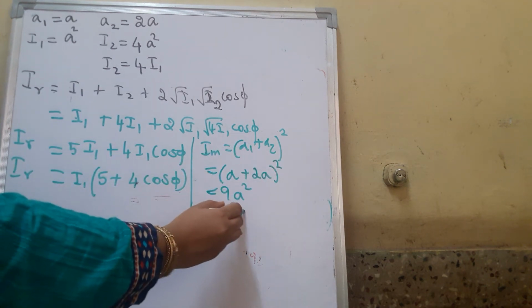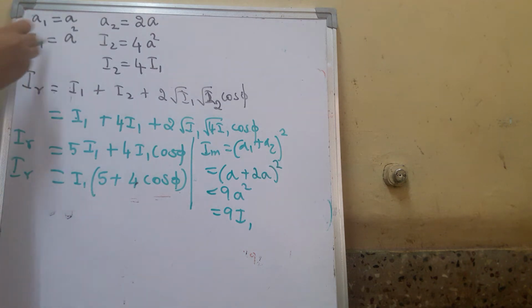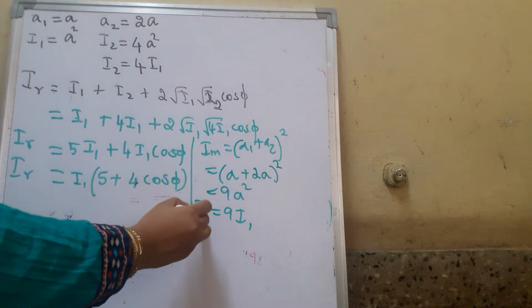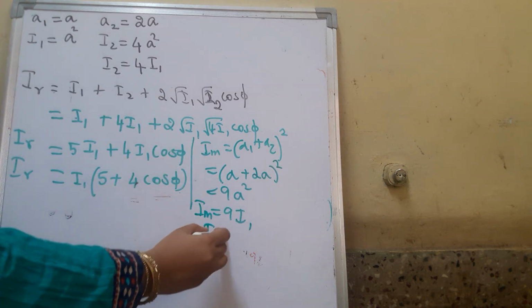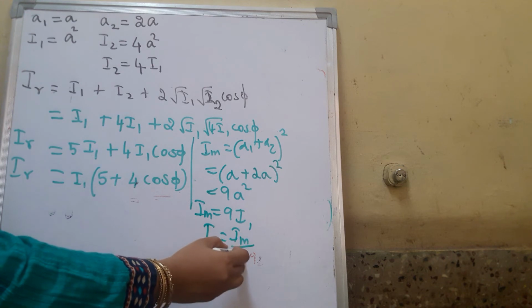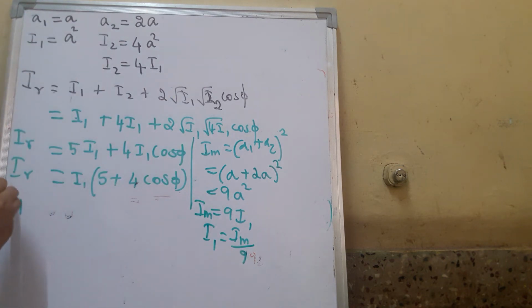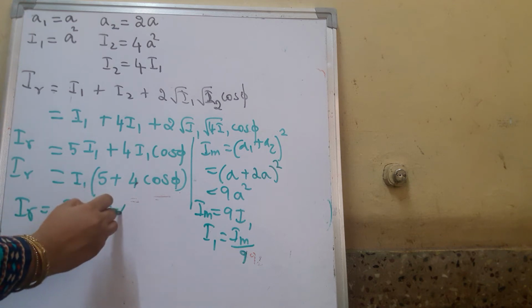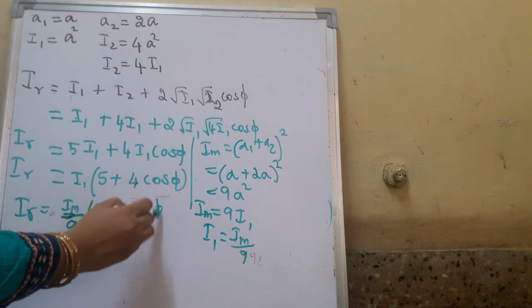I can write this as 9 times I1, because I1 is A square. So IM is 9 I1, and I1 is equal to IM by 9. Substituting here, IR is equal to IM by 9 times 5 plus 4 cos phi.